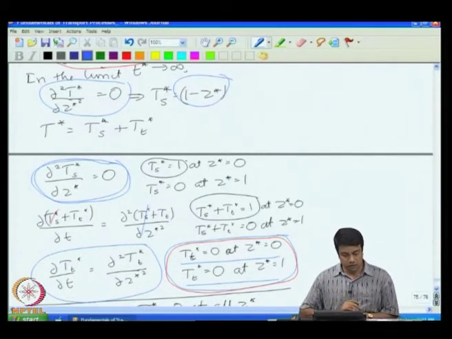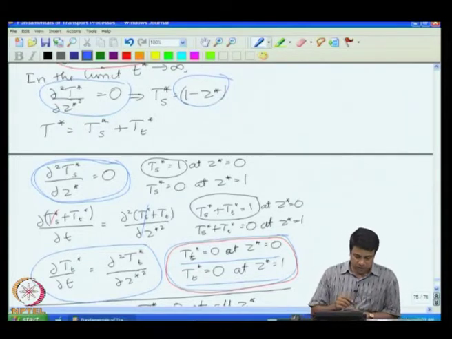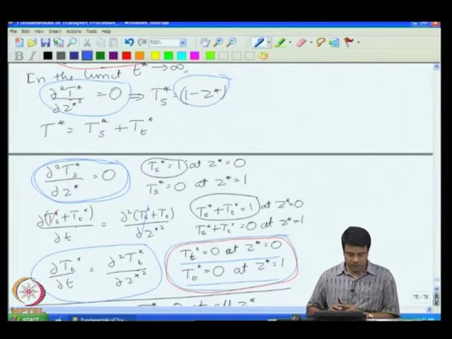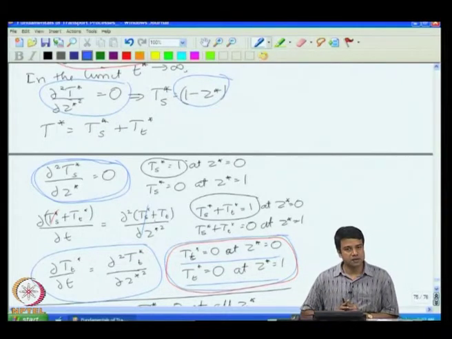For the total temperature field, that is T star is equal to Ts plus the transient part, I can write the same differential equation once again. Partial of Ts plus Tt by partial time is equal to the second derivative with respect to z of the transient plus the steady part. The steady part is independent of time, so its time derivative is 0.